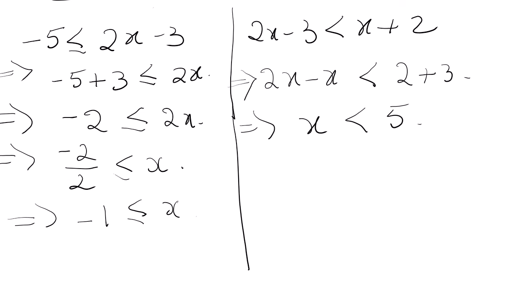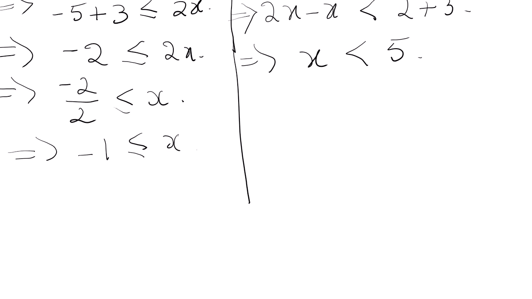Okay. So now you will combine both the results. Here x is greater than or equal to minus 1 and x is less than 5. So x you write in between, minus 1 is less than or equal to x, and x is less than 5. Okay, this is the combined form.